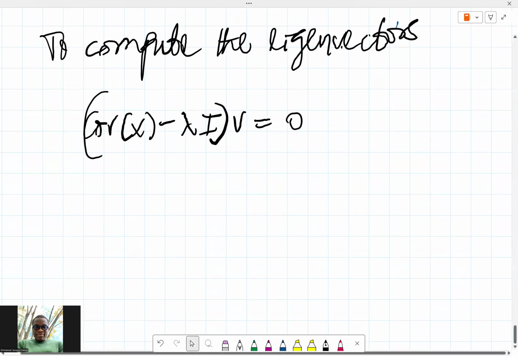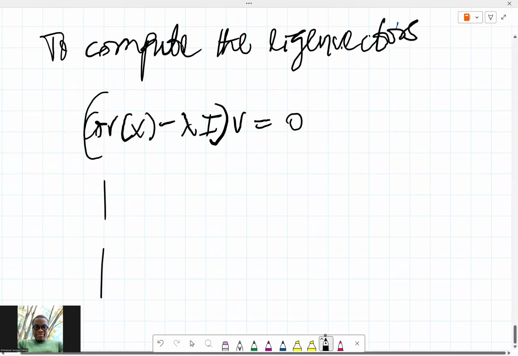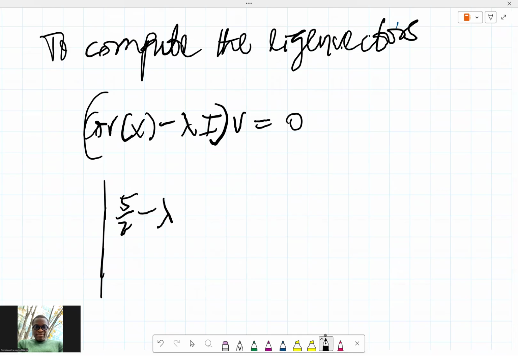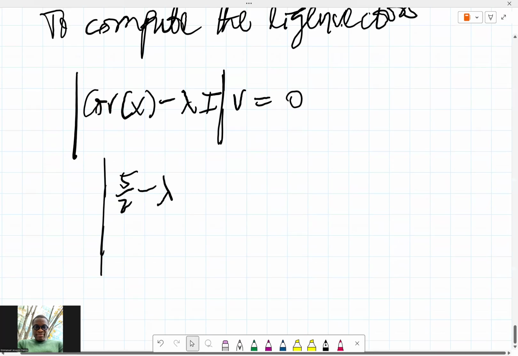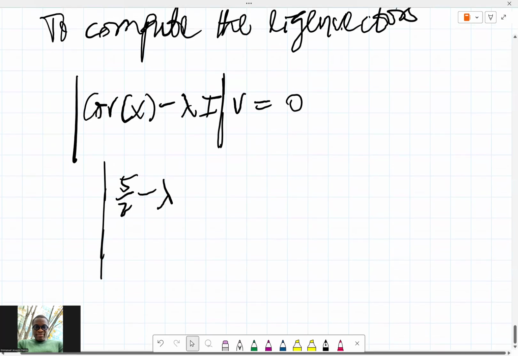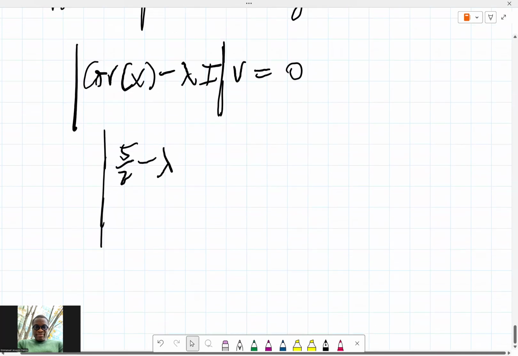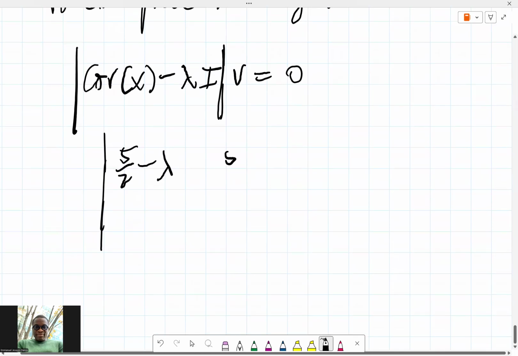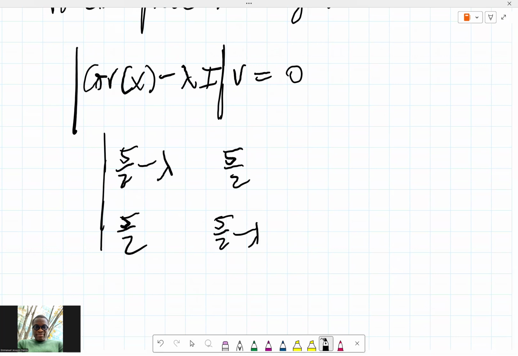From what we know already, this will just be 5 over 2 minus lambda, 5 over 2, and this is 5 over 2 again, then 5 over 2 minus lambda.